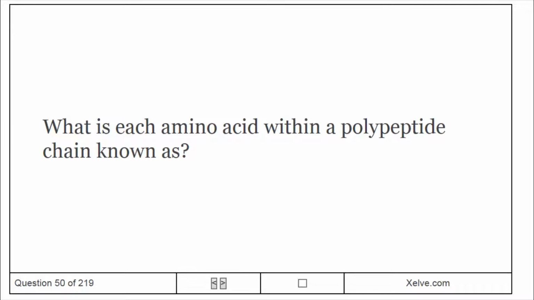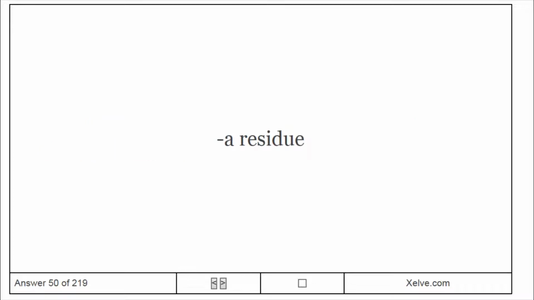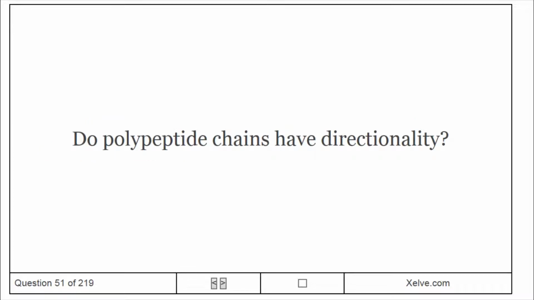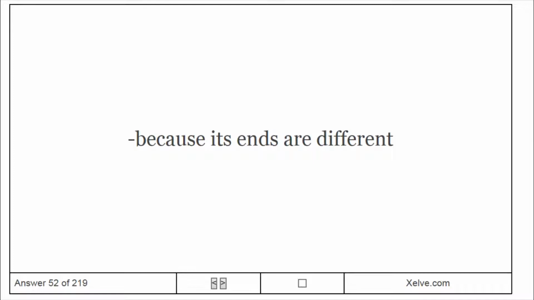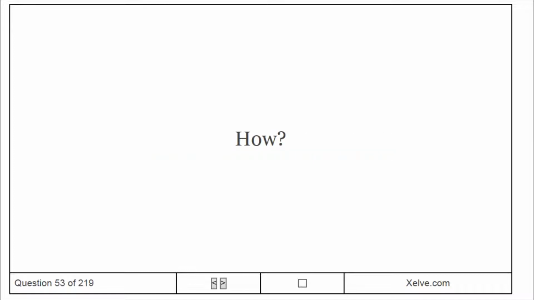What is each amino acid within a polypeptide chain known as? A residue. Do polypeptide chains have directionality? Yes. Why? Because its ends are different.